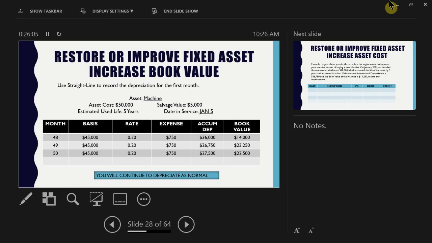But this time, I'm calculating the accumulated and the book value to start from the $26,750, as opposed to the previous one. So that's the huge difference here. I'm only changing the value of my book value. Okay. So then that's how you journalize it that way, if you want to choose to increase book value.